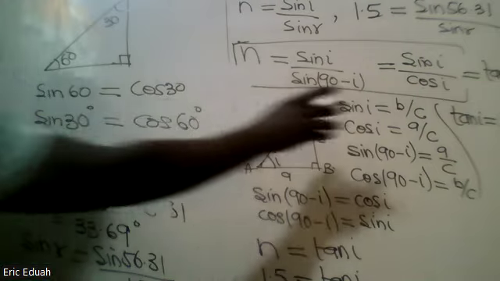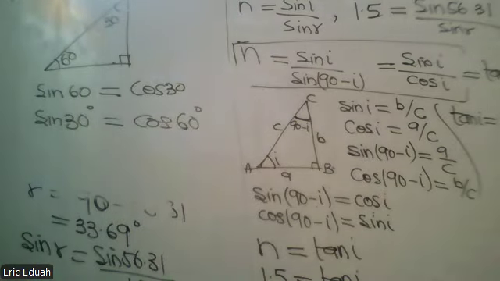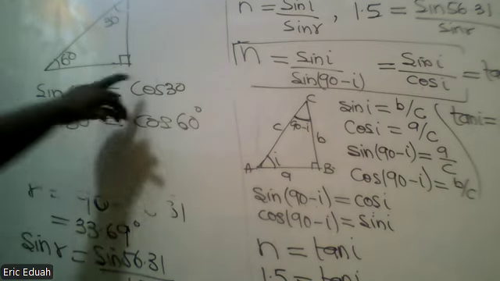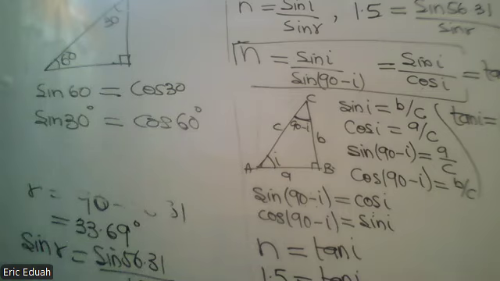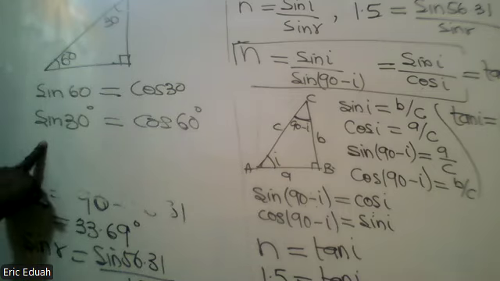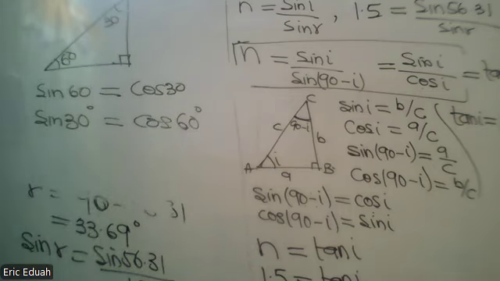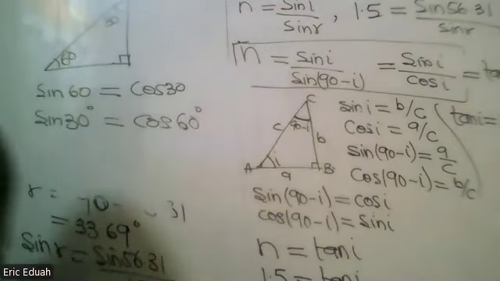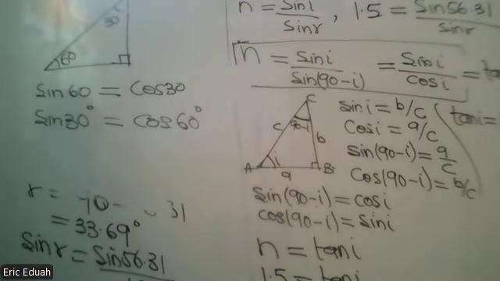Sine 60 is root 3 on 2, and cos 30 is also root 3 on 2. Sine 30 is half, and cos 60 is also half. It is because of this basic trigonometry.